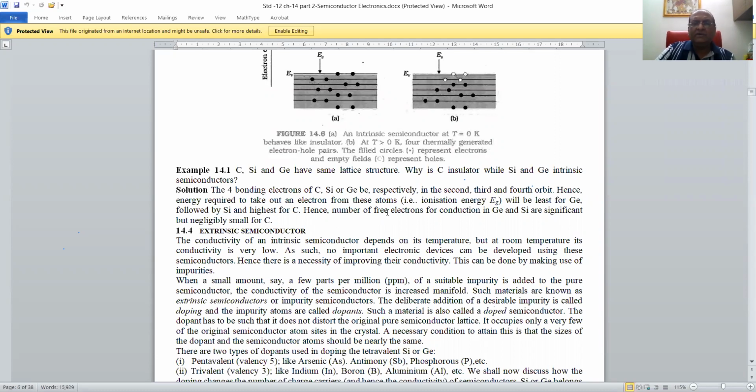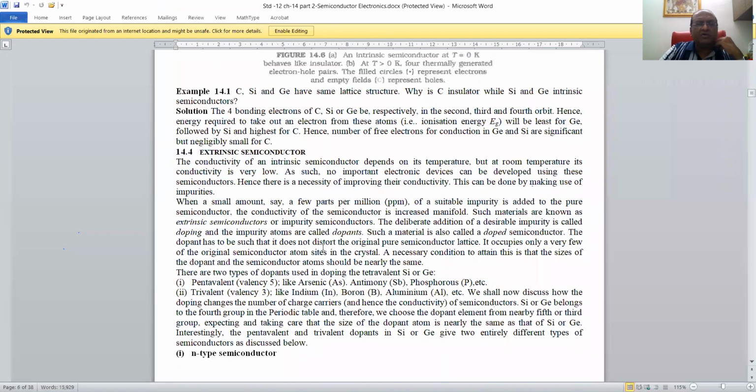Therefore, it behaves as an insulator. But if we think about silicon and germanium, then for those the energy gap is of the order of 1.1 and 0.7 electron volt respectively. And therefore the electron can easily migrate from the valence band to the conduction band even at room temperature, and therefore they behave as semiconductors. Then after that, now the concept of extrinsic semiconductors.